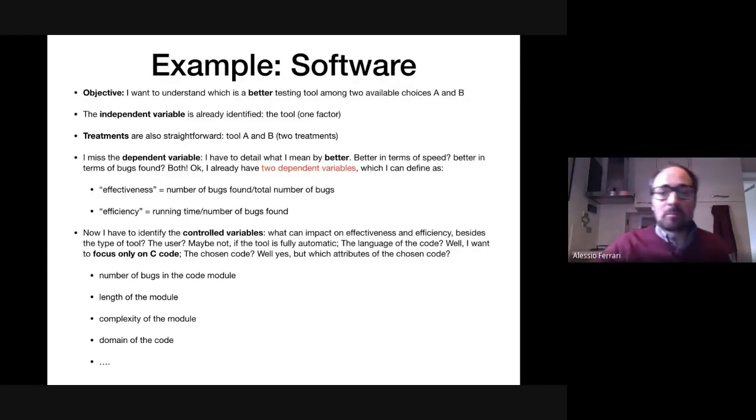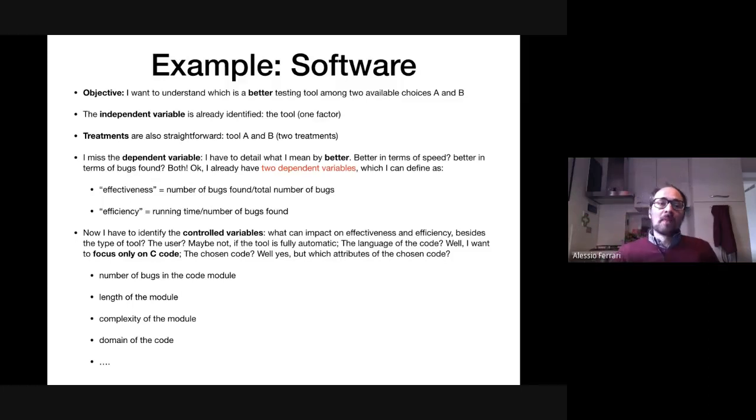Let's see an example. You've seen these examples somewhat hidden in the previous explanation, but now let us see it more extensively. This is an example of an experiment with just software.